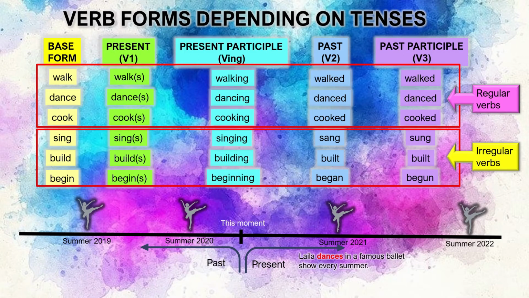Laila dances in a famous ballet show every summer, because it happens regularly. If it happens regularly, then you need to use the present form, because it happens at this moment and in the future. It still happens some time after this moment. So you need to use the present form, that is verb 1. Why verb 1? Because it's something that happens regularly. So you need to use the simple present, and simple present uses verb 1.